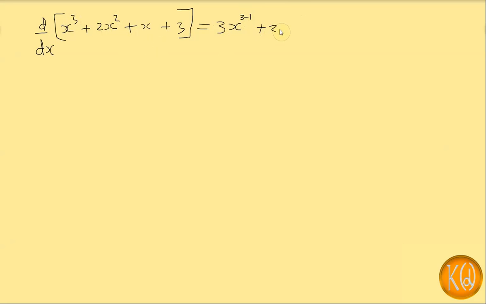So now make note that's 2, we're multiplying by the 2 in the power, so that's 2x, and we're going to reduce the power by 1, so that's 2 minus 1.